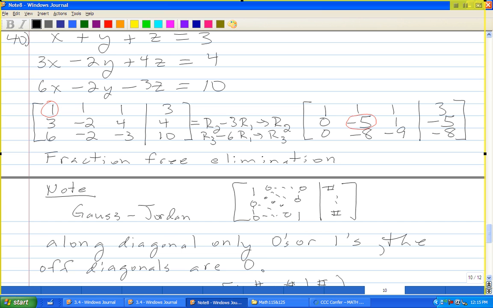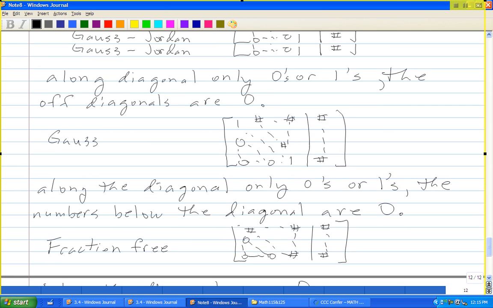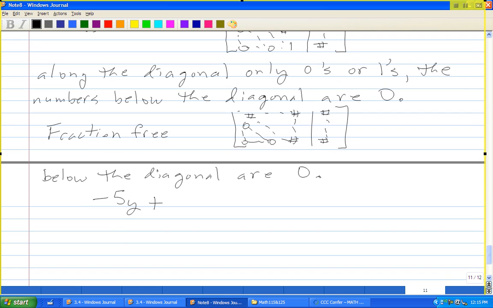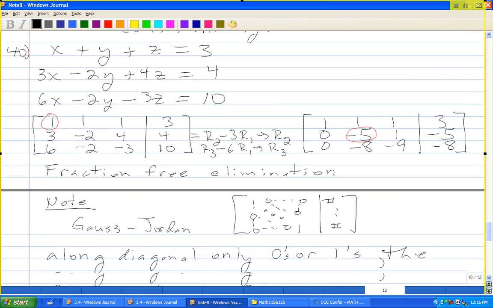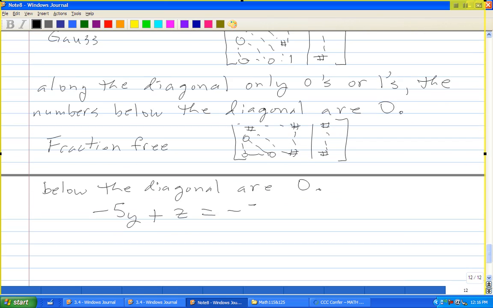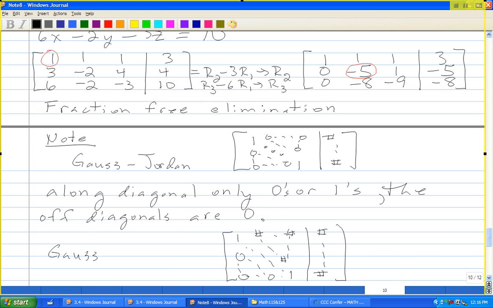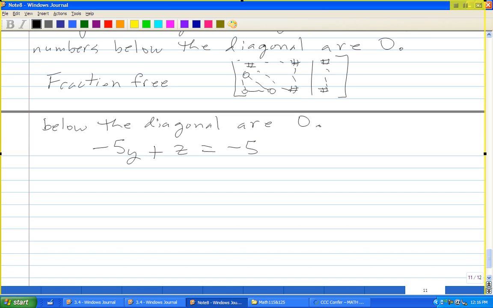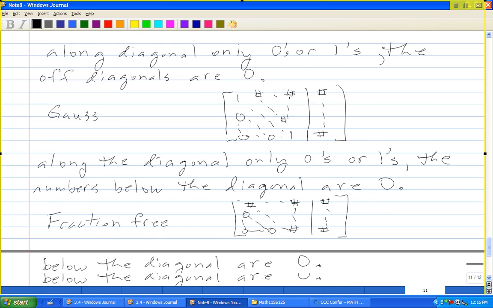And so suppose I had this: negative 5, 1, negative 5; negative 8, negative 9, negative 8.